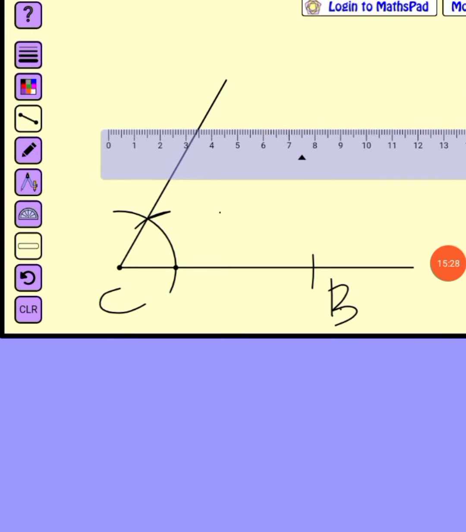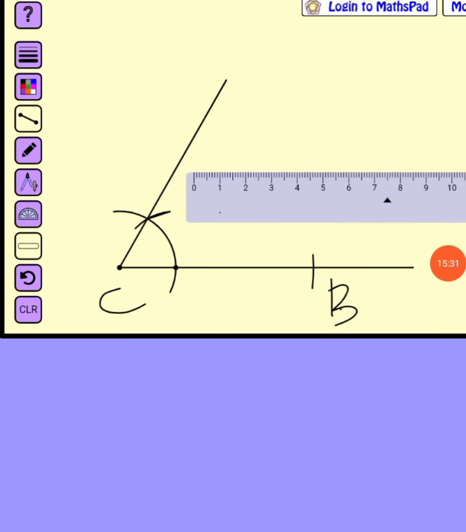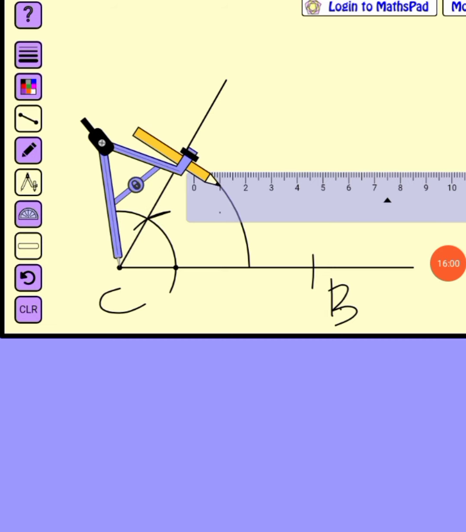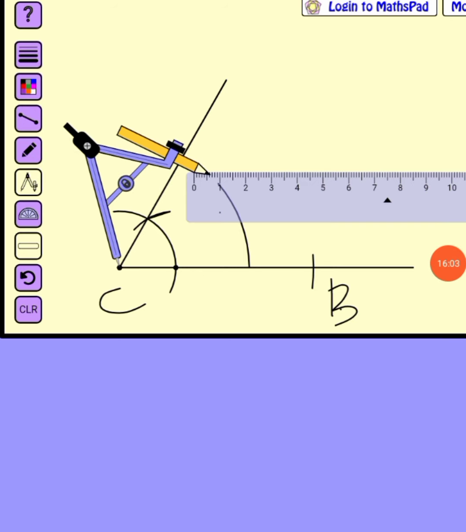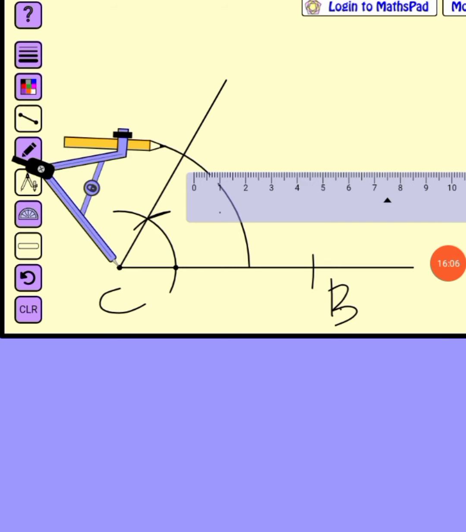after this I'll take AC as 5 centimeter. So here I will take AC as 5 centimeter. Taking this, putting the compass needle over here, and then I will be cutting the arc here as AC.